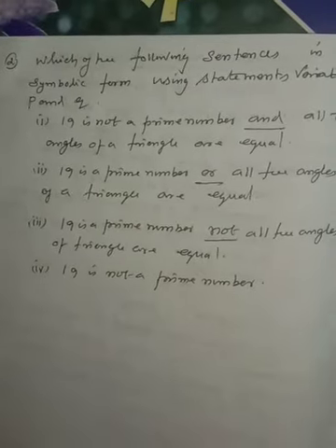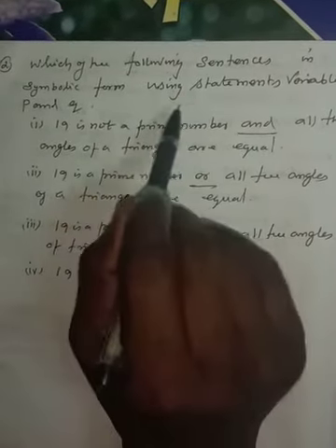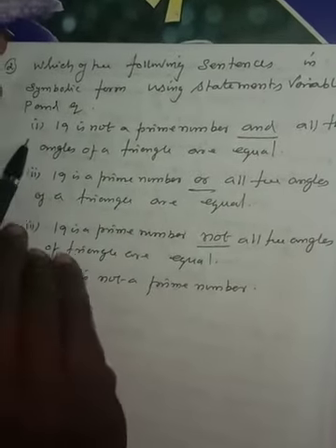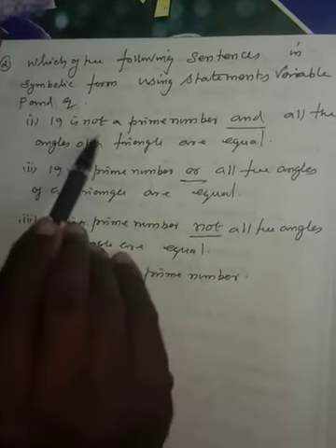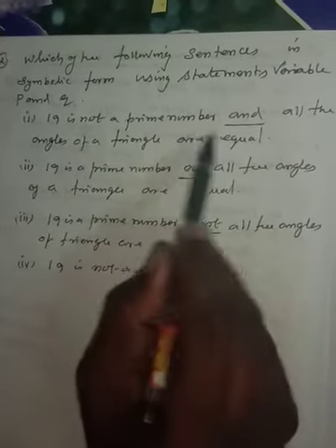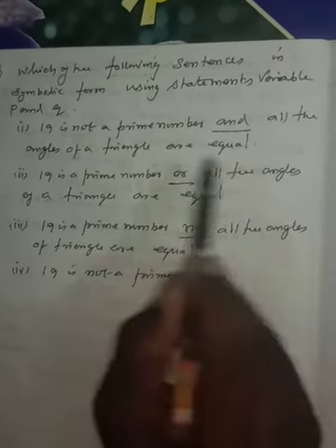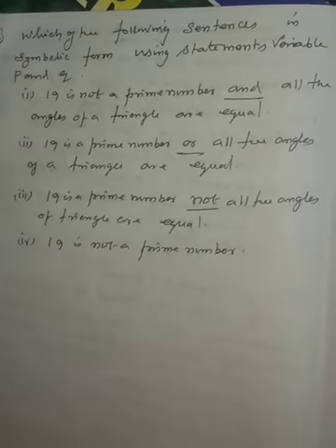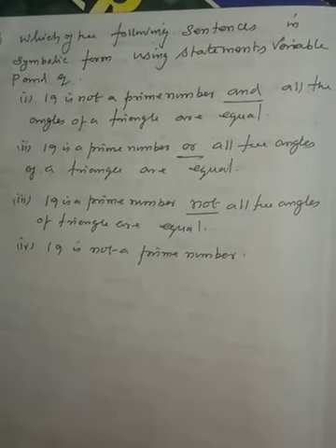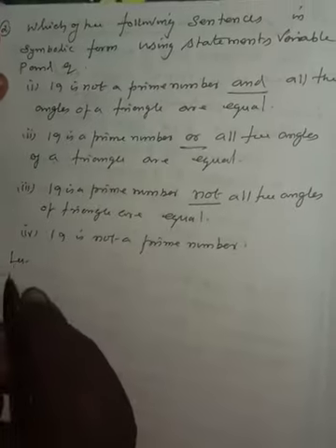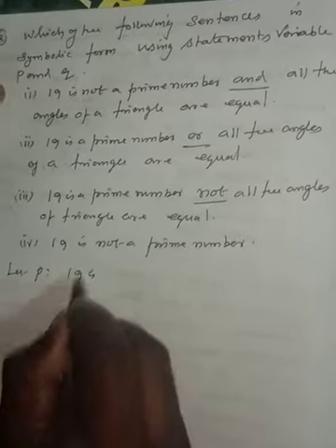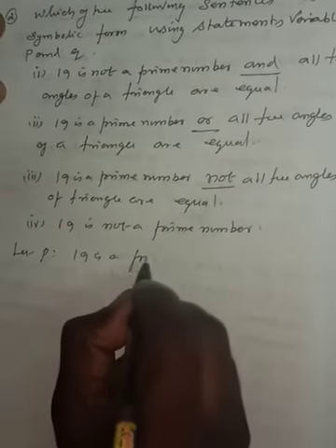Try writing the following sentences in symbolic form using the variables P and Q. Number 1, 19 is not a prime number and all the angles of a triangle are equal. This is the statement. Let P be 19 is a prime number.